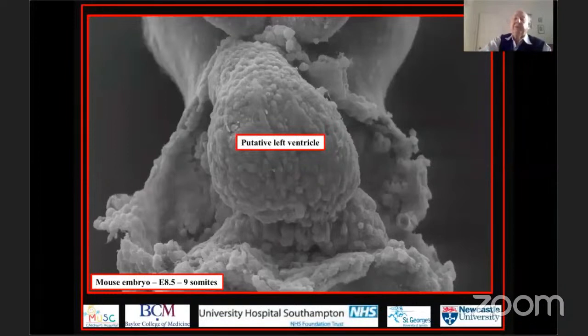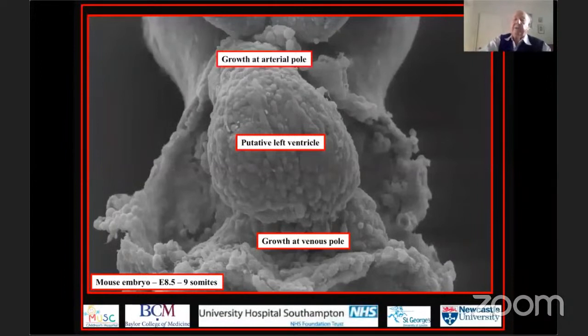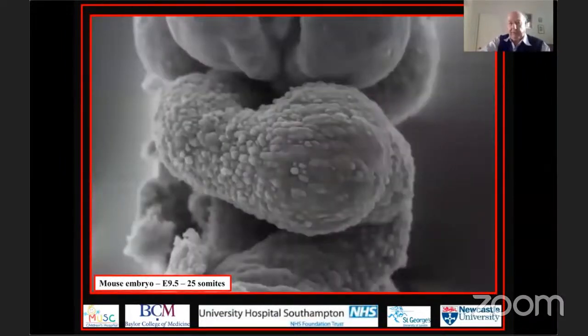And as I pointed out in our previous session, the majority of what we see at this early stage will become the left ventricle. But already at this stage, there is new growth from what we call the second heart field. There you see the growth of the venous pole, and there you see the growth of the arterial pole. And with this additional growth into the pericardial cavity, we get bending of the heart tube, and that gives us the ventricular loop.